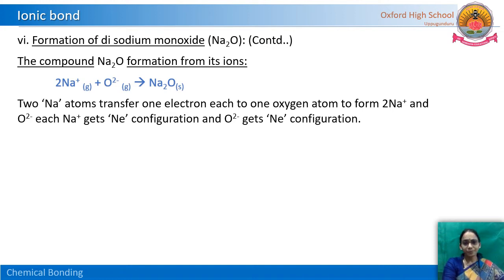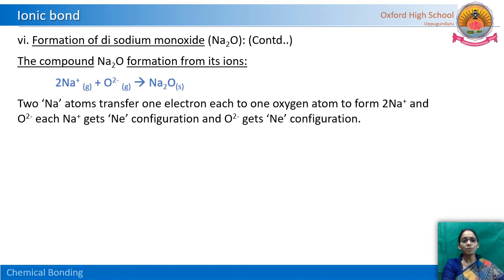And what is forming here? 2Na+ and O2-. Sodium cations, and here the oxide formation, so oxygen becomes the anion. Each Na+ gets neon configuration.